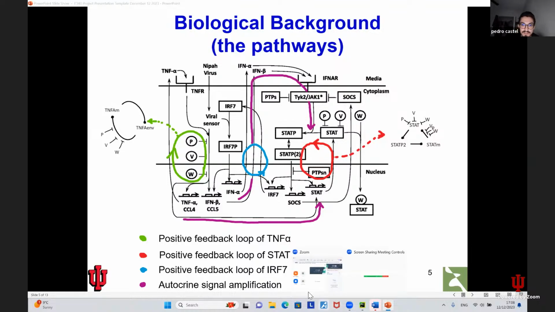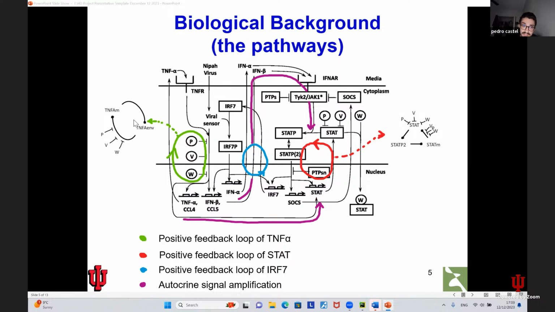The other interesting thing here is the positive feedback loop in the STAT circuit. STAT activates STAT P2, that activates STAT mRNA, which activates STAT back. So in the TNF alpha circuit, we would expect this to be a binary, bistable system.